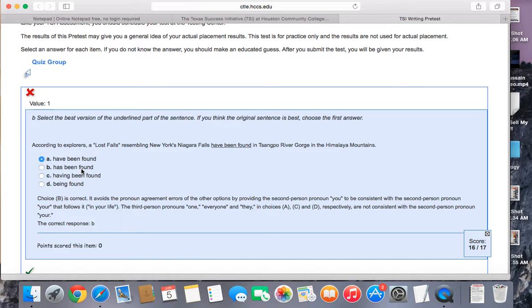Okay, I'm trying to tell you a reason why it's B, not A. For writing second person pronoun, you'll be considered second person's pronoun, your, in your life. Third person, everyone.